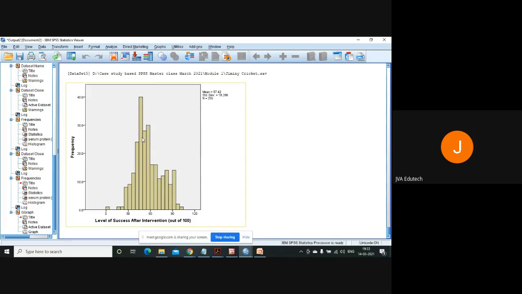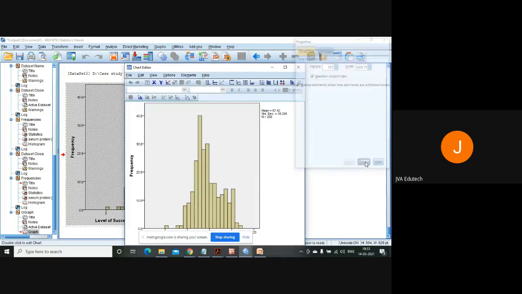If you want to put some data labels, simply double click on any of the charts, and I think data label mode is not there. So you'll just see this chart, and from here, yes, you can see all this data.